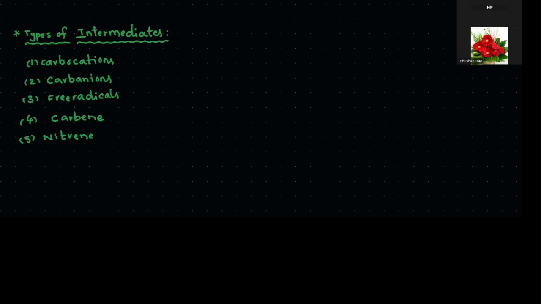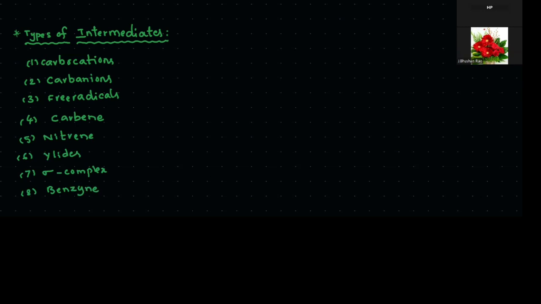Sixth one, ylides. Next, seventh one is sigma complex. Eighth one, benzene. These all are the intermediates. Okay? Types of the intermediates.